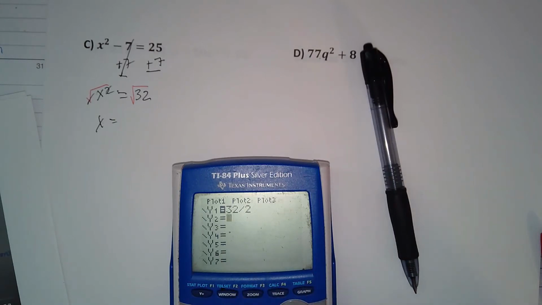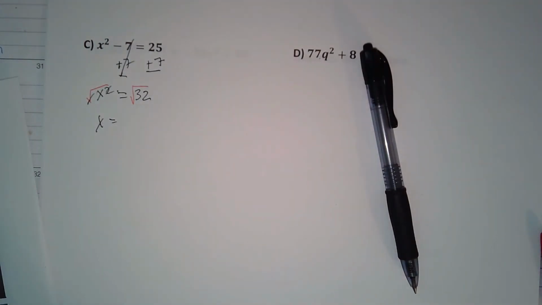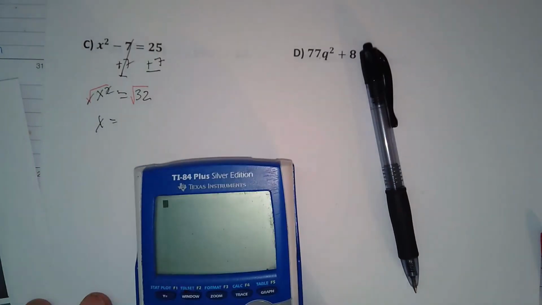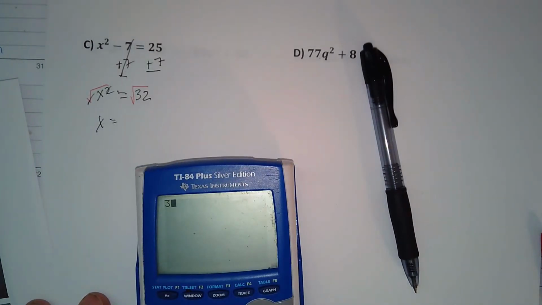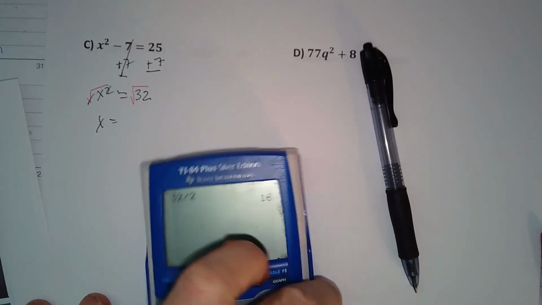Clear. I want this. Okay, now I think I got it where I want. Okay, so 32 divided by 2, enter. Yeah, 16.